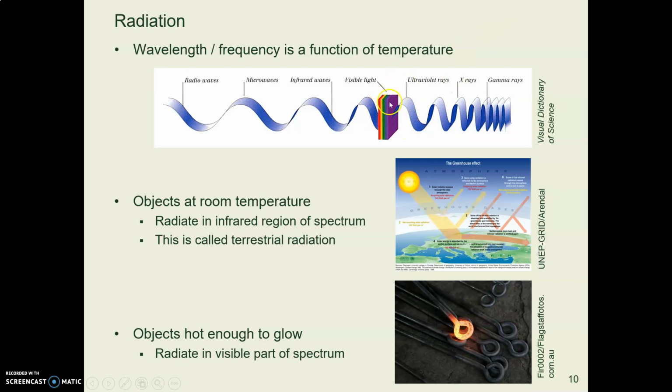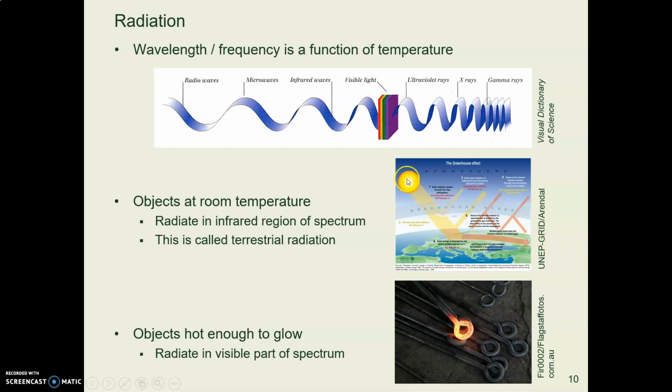One wavelength happens to be the length of wave that the human eye is designed to detect, so we call that visible light. A little bit longer wavelength is called infrared radiation. Longer yet, microwave radiation, and so forth.